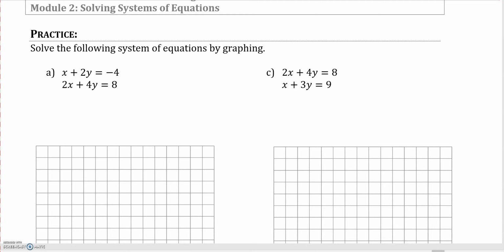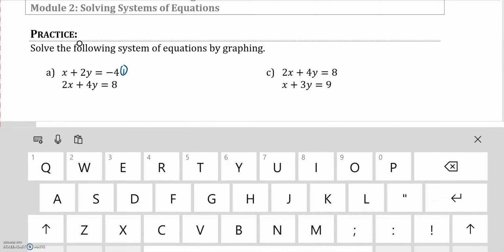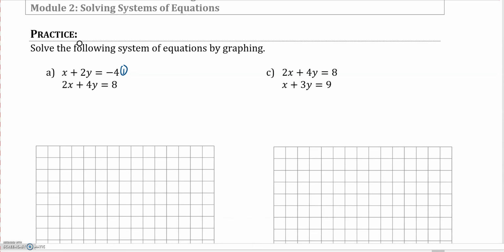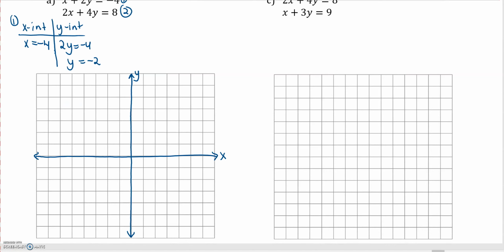Looking at example A and equation number 1, we can solve for the x and y-intercepts. Once we have the x and y-intercepts of equation 1, we can sketch equation 1.